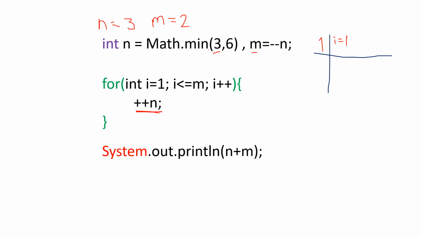The value of n over here, because of this statement here, had turned into 2. So I'll write here 2. Because of this increment again, now it will turn into 3. Okay, so I'll mention this in this table now. n is equal to 3.